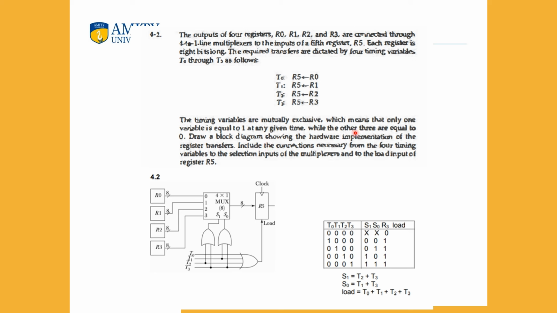Draw the block diagram showing the hardware implementation of the register transfer. Include the connections necessary for the timing variables to the selection inputs of the multiplexer and the load input of the register R5.